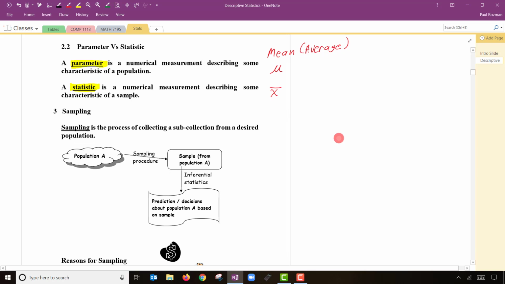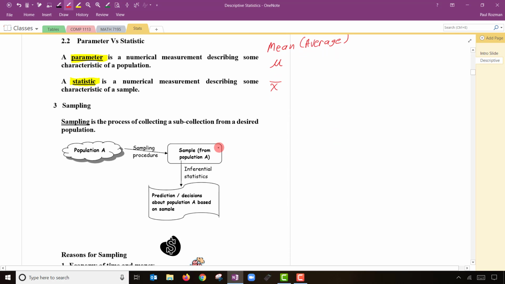I drew this, the little cloud picture that we had in the previous page, just another way, basically. You have your population of interest, and you need to come up with some plan. How are you going to pick items from this population to come up with your sample?